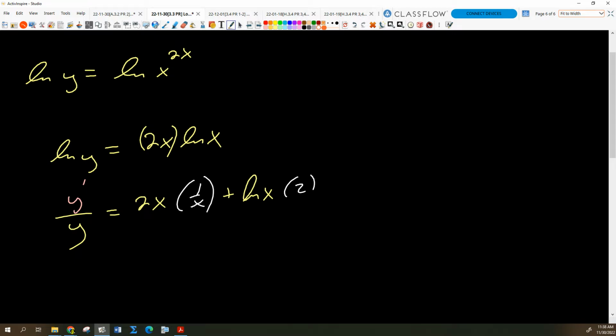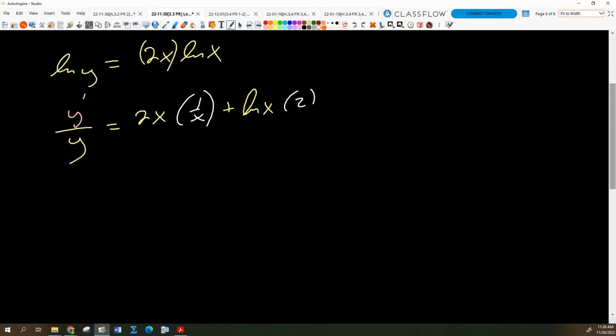Right? Does that make sense? Okay. We could simplify that a little bit. So the x and the 1 over x cancel, right? Those guys cancel.